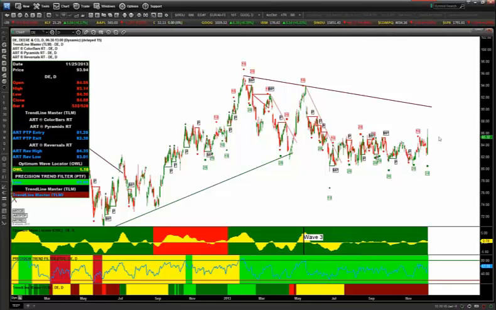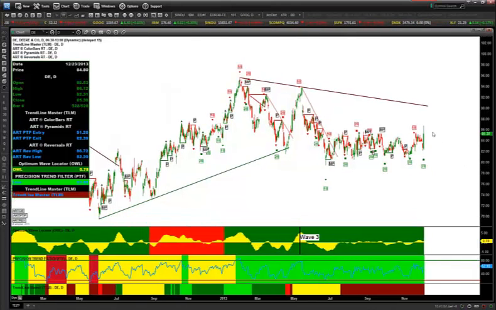So if that's the case, it should probably break out to the upside. We do have a green PTF still, so that means there's a 75% chance of getting above this high here, which was back on June 30th of this year and had a high of 95.6, and prices are at 85.